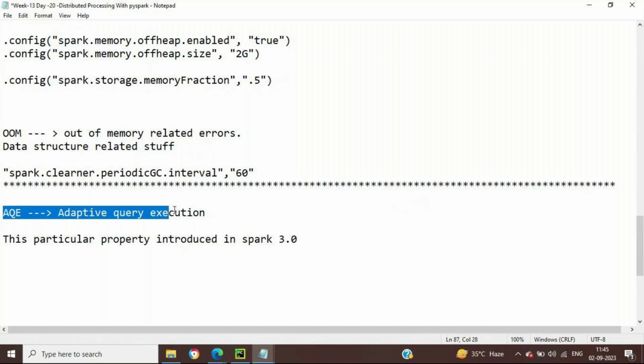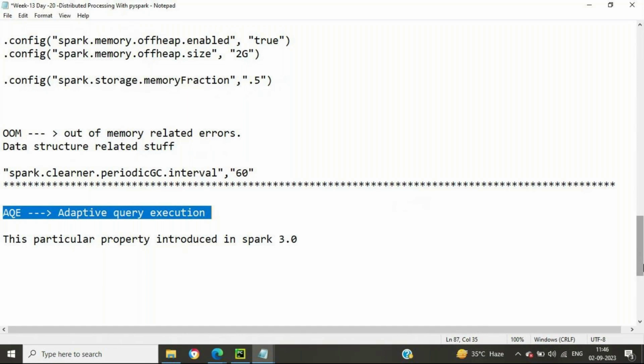AQE is an optimization technique, like we have gone through certain optimization techniques, and AQE is another set of optimization techniques, or a combination of multiple optimization techniques. We are having multiple things together which are provided by AQE.